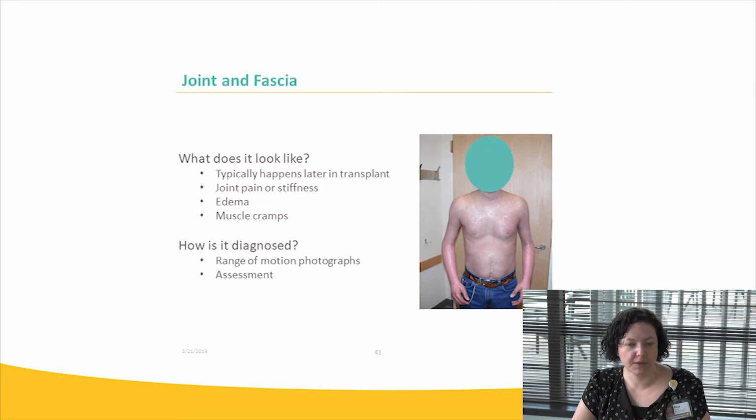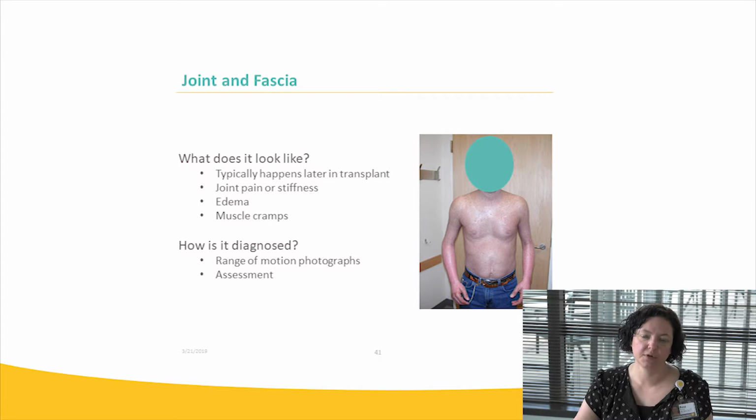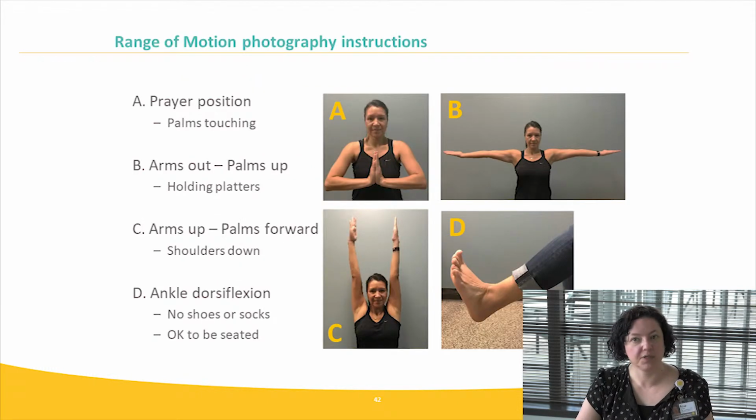It's more rare, but we do see joint fascia involvement with chronic GVHD. We may see reduction in range of motion from either tightening of the skin or thickening of the skin around the joints, or from muscle or joint pain. It's typically bilateral, and this is one of the reasons why we do these range of motion photos.